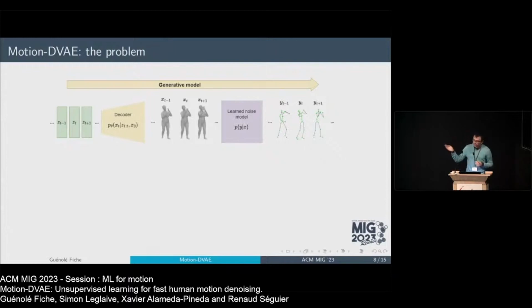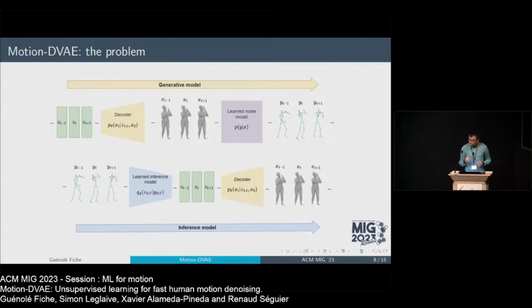And we have some noise which is introduced, and we observe the noisy joints. What we want to do is from these noisy joints recover the real motion, but for that we will recover the latent sequence, and then we can decode it with our model to a real motion.